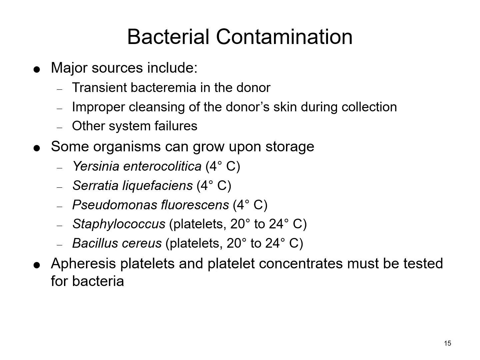There are some organisms that can actually grow at lower temperatures, so depending on what the product is and how it's stored, there are some possibilities of things that can grow.